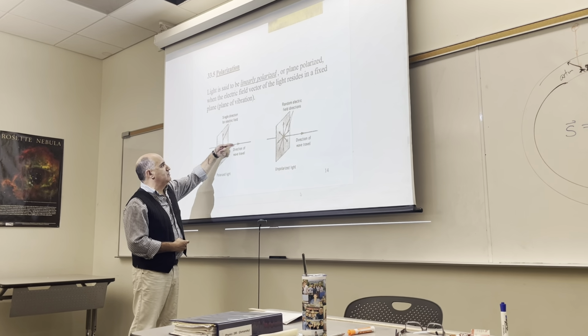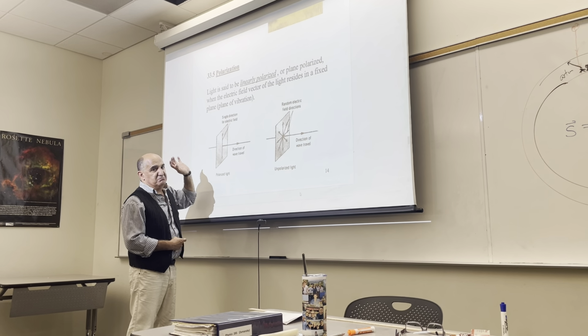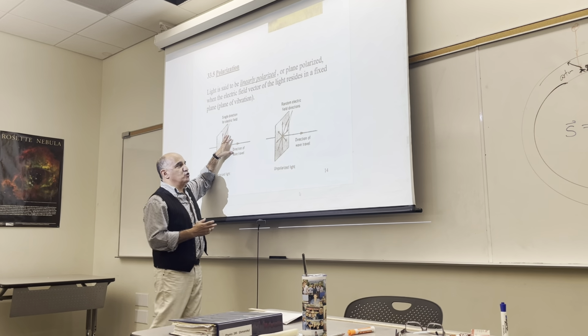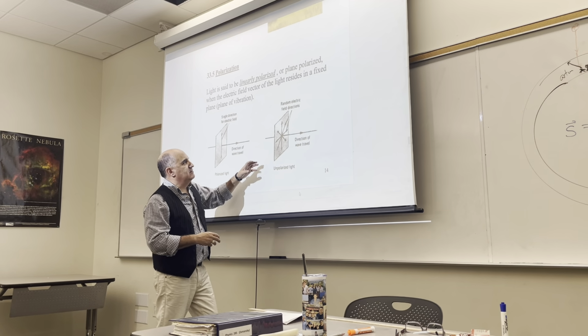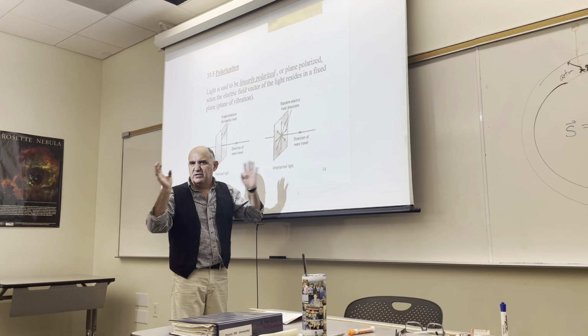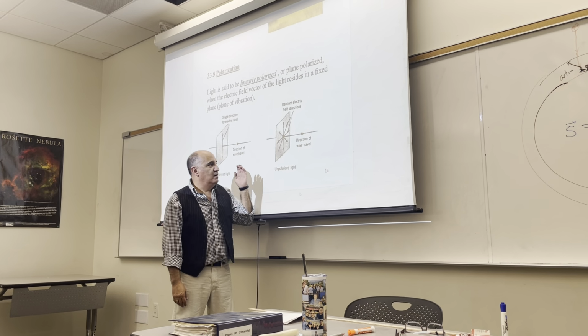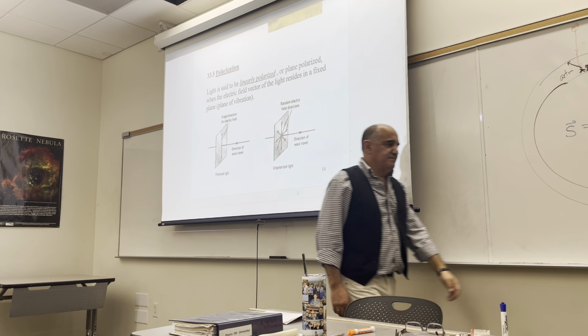The wave travels to the right, and the electric field oscillates up, down, up, down, up, down, so it's linearly polarized light. But if you have a source like a light bulb that emits light randomly, then the electric field is pointing in all directions, and you have different components. So this is unpolarized light. Polarized light, unpolarized light.